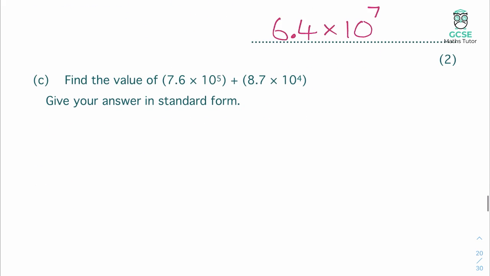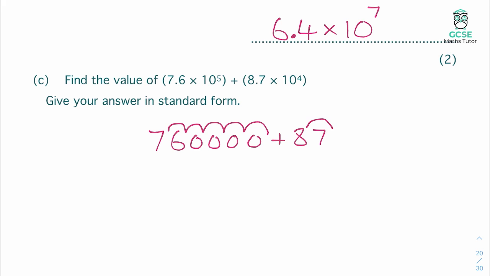For the next one, there's no quick tricks for this, unfortunately. We're going to have to just times it out, 1, 2, 3, 4, 5, and then add them together and put it back into standard form. So the next one is 8 and 7, 4 jumps out, 1, 2, 3, 4. Add them together, so I'm going to line them up using column addition.